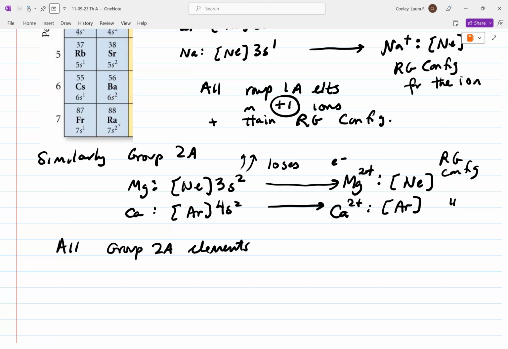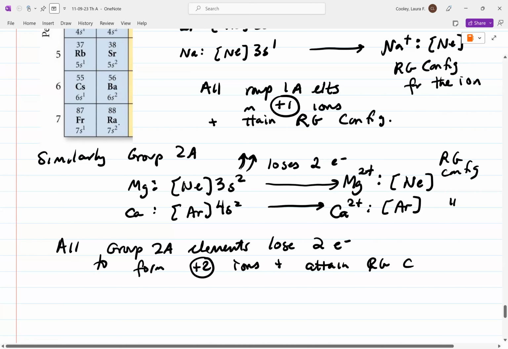Oh, sorry, I had 2 arrows here. Lose 2 electrons to form +2 ions and attain the rare gas configuration. So that's the S block.